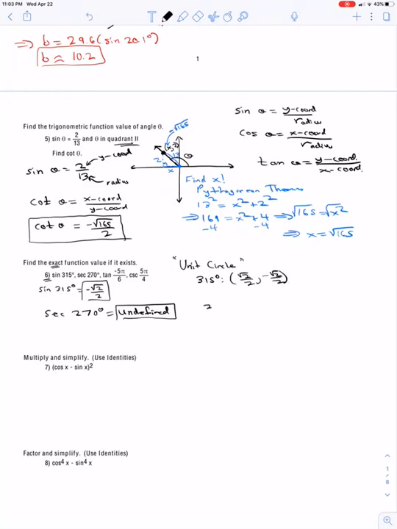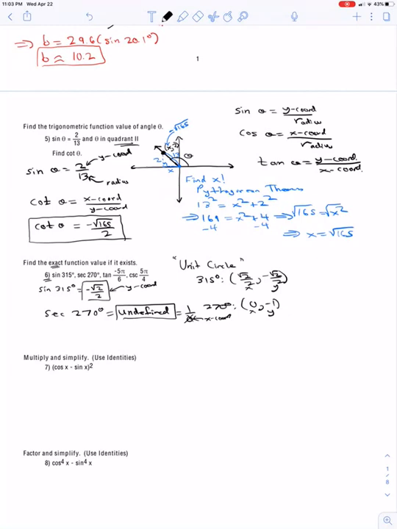We know at 270 degrees we had our ordered pair of 0, negative 1. That's our x and our y coordinate. Sine is the y coordinate, and secant is 1 over the x coordinate. For that, it's undefined. Can't have it.